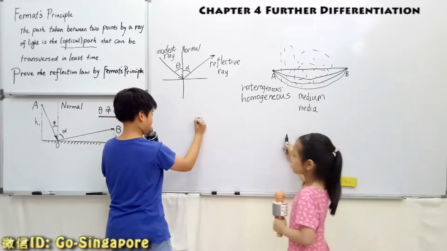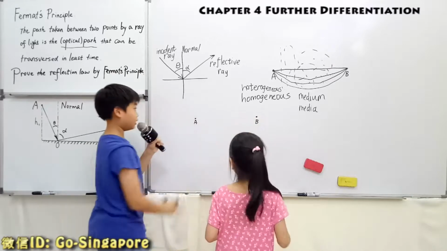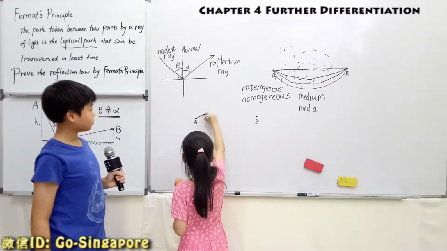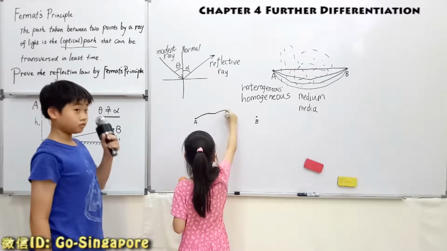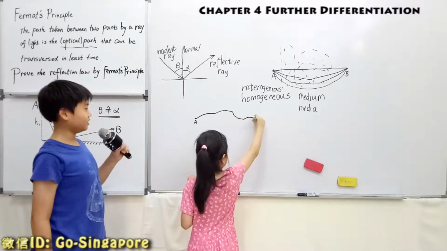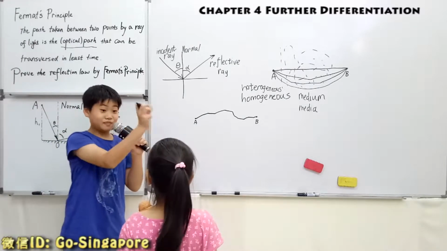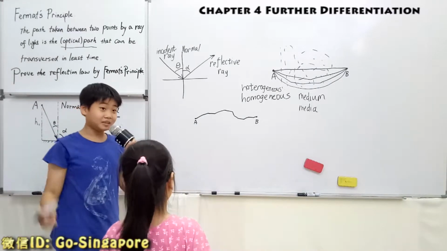Like for example, these 2 points. It can be about like this, because there can be many layers, right?